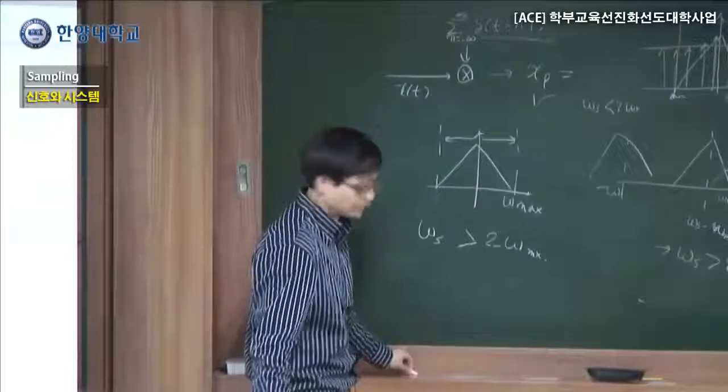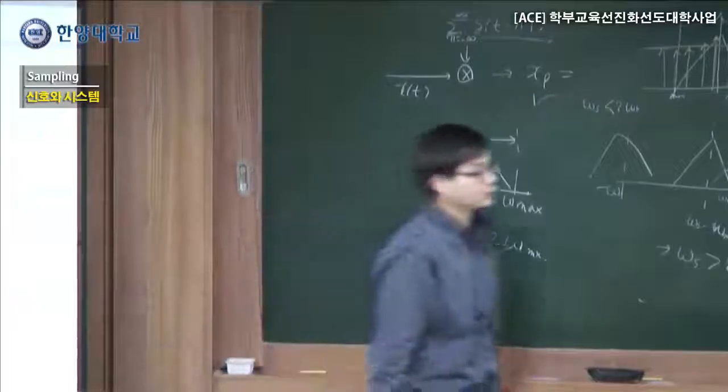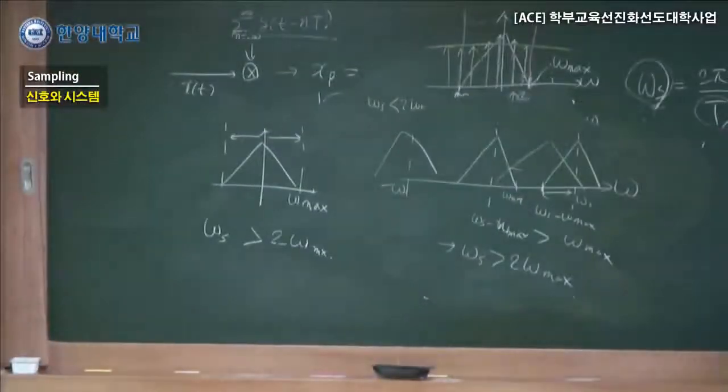So what do we do? Why is this one important? How can we reconstruct the original signal? So remember, this is our original signal, which is band limited by omega m, omega max. When you do the discrete time signal conversion by multiplication, as we have learned so far, there will be a periodic repetition by spacing of omega s.